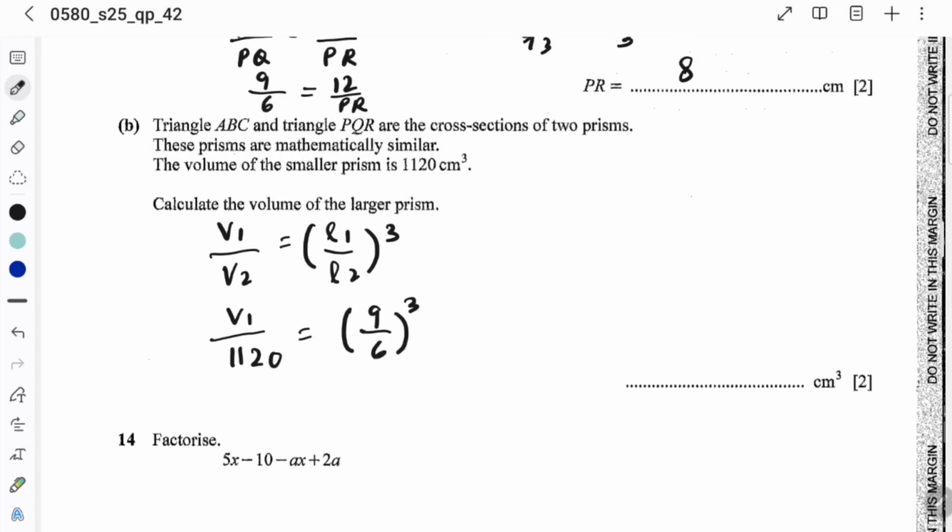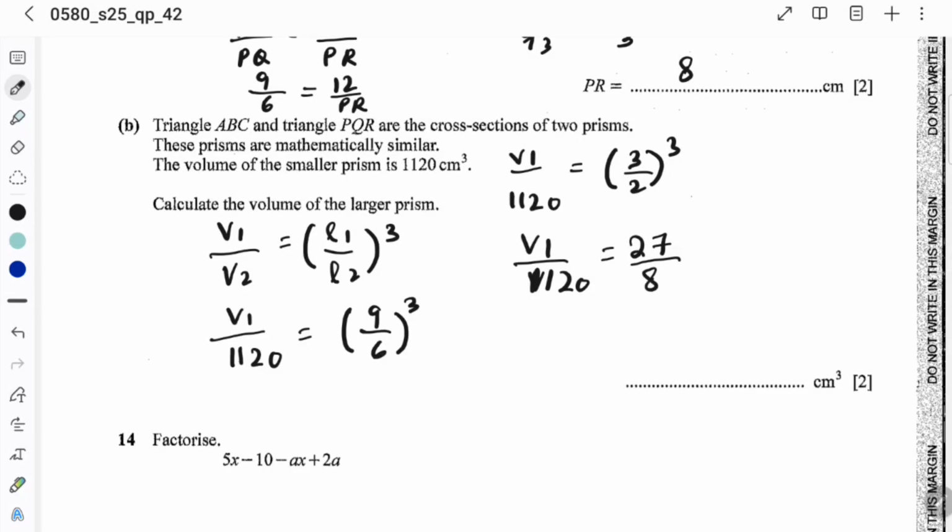Alright, now V1 upon V2 is equal to 3 over 2 whole cube. Instead of V2 write down 1120. 3 cube is 27 and 2 cube is 8. Just cross multiply. V1 is equal to 27 upon 8 times 1120.